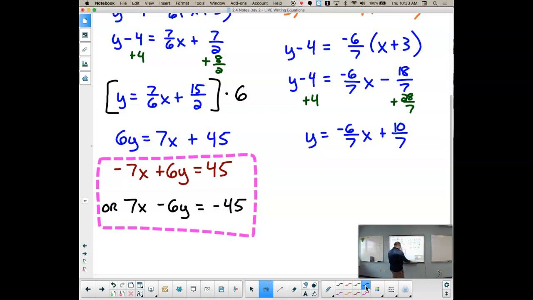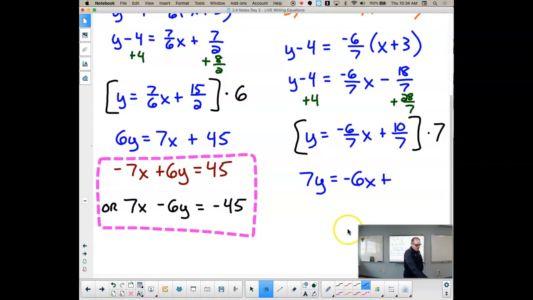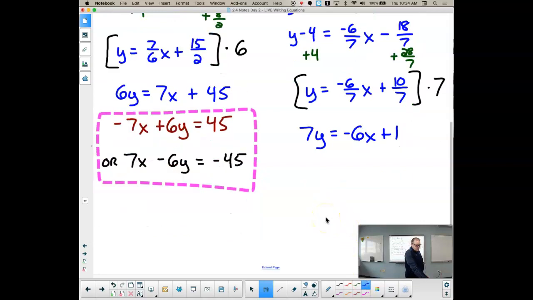Again, get rid of the fractions now. I'm going to multiply everything by 7. 7y equals negative 6x plus 10. Whoa. That was kind of funky.